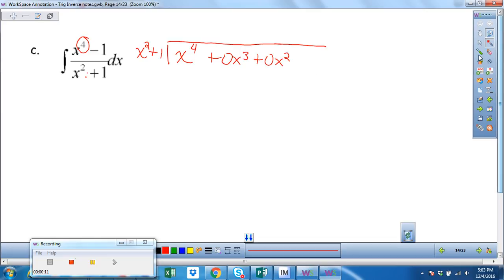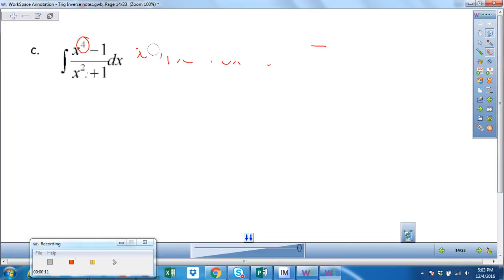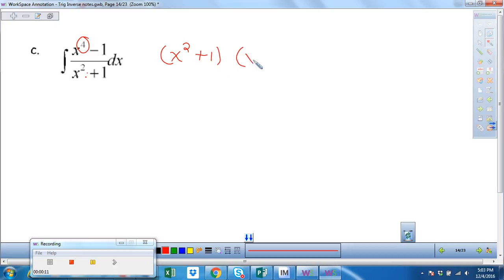You know what? There's an easier way of doing that. Work smart, not hard. Can I write this as x squared plus 1, x squared minus 1, all over x squared plus 1? Okay, so x squared is going to go over this 1 with the remainder of x squared minus 1.